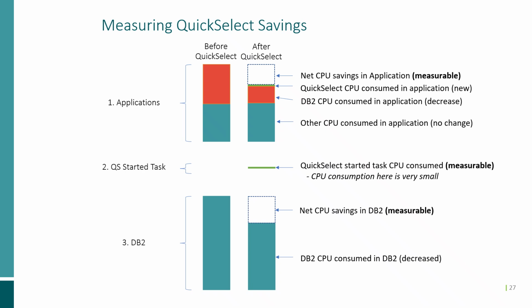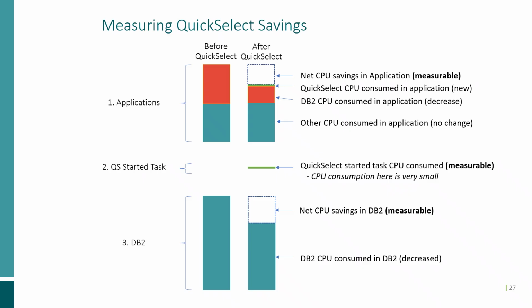Another frequently asked question is, what is QuickSelect's overhead? Probably the best answer is, don't worry so much about the overhead, but enjoy the net savings, because the amount of CPU that QuickSelect consumes disappears with respect to the tremendous CPU savings that it delivers.